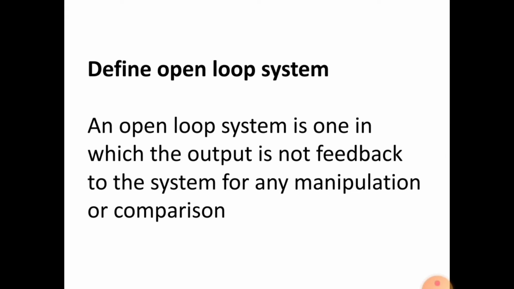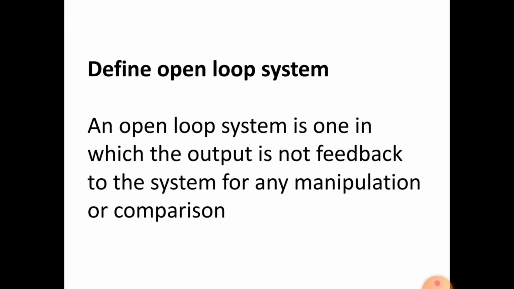Next one is define open loop system. So we are driving a car. The speed of the car is measured by the speedometer. The speedometer indicates the speed of the car, but it is not going to alter the accelerator to adjust the speed. The adjustment will be done manually.